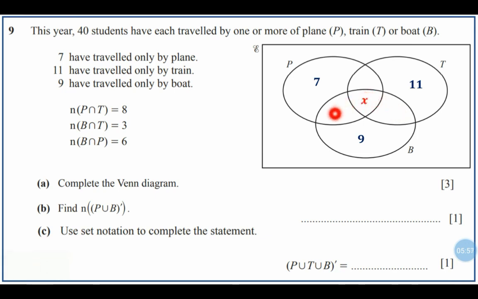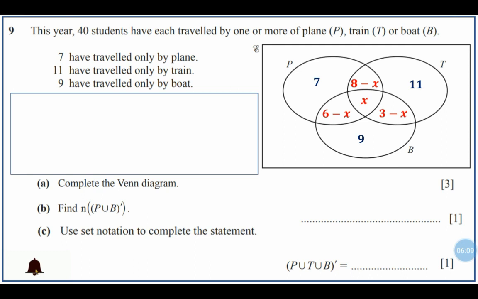So I will just put in 8 minus x, 3 minus x, then 6 minus x. Remember that I have a total of 40 students. I will just subtract 7, 11, and 9. So 40 minus 7 minus 11 minus 9 will give you 13. So the total of this will give you 13.